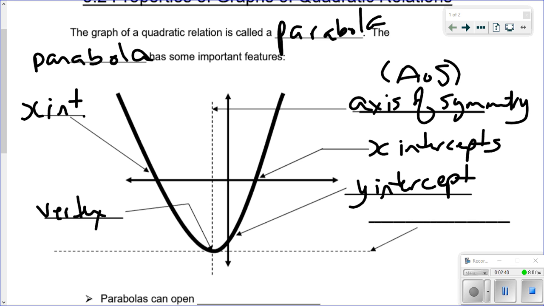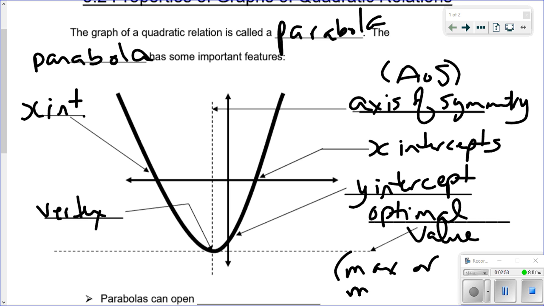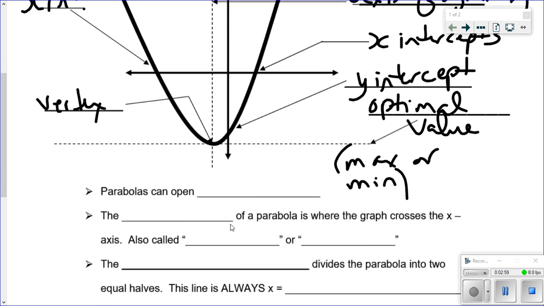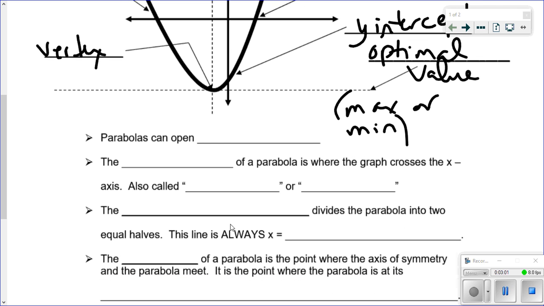And then there's something fancy called the optimal value, which is a fancy way of saying max or min. So what is the highest or lowest value of the quadratic? Now, as we've already discussed, parabolas can open up or down.